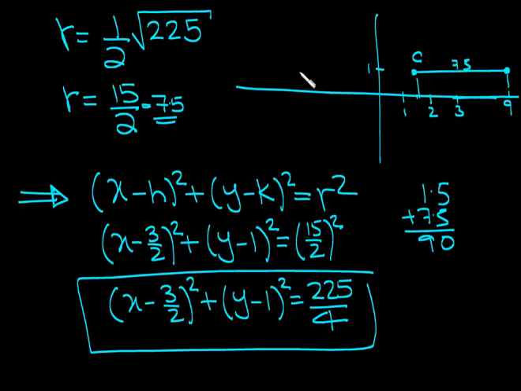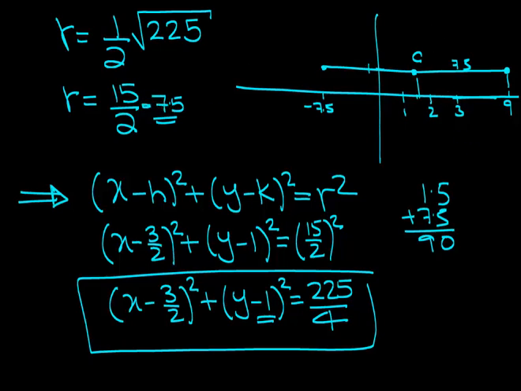Now to get the other point going the other way, you do the same thing. You add values on the other side. So you have 1.5 and then you go 7.5 in this direction, negative 7.5 gives you that. You do the same thing with the y value this time, which is 1, and you add your radius to it.